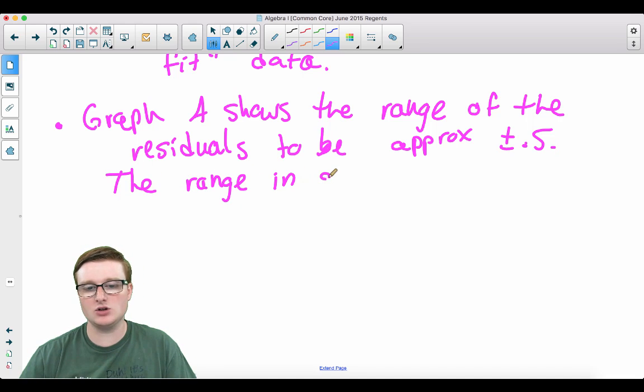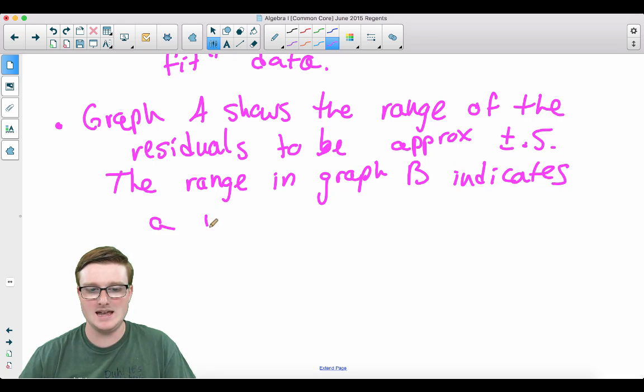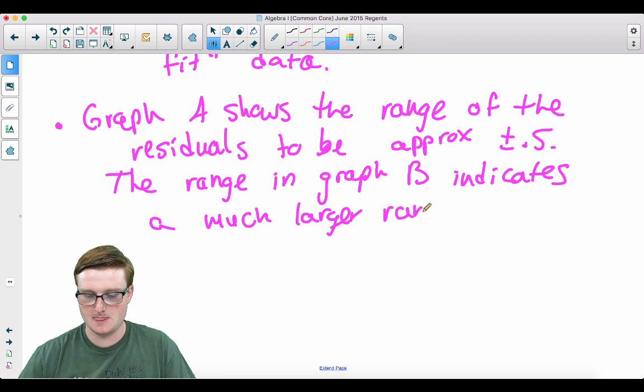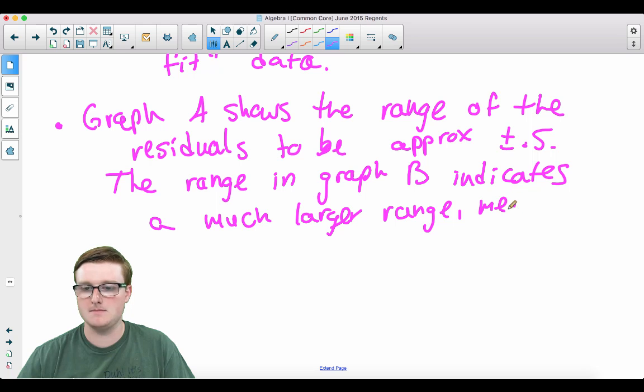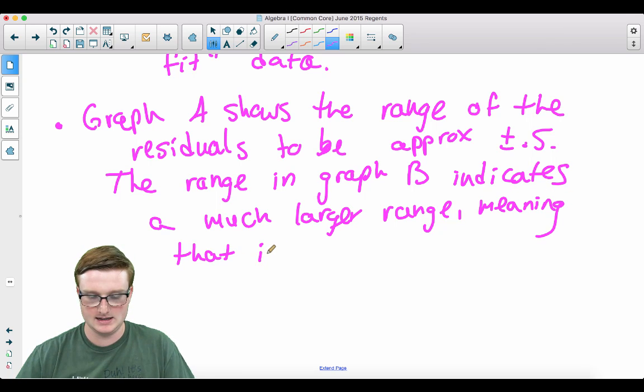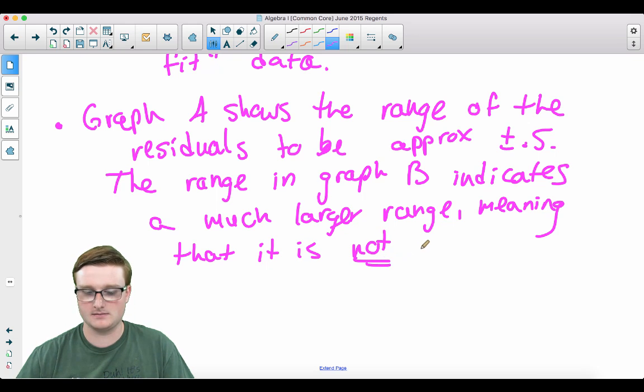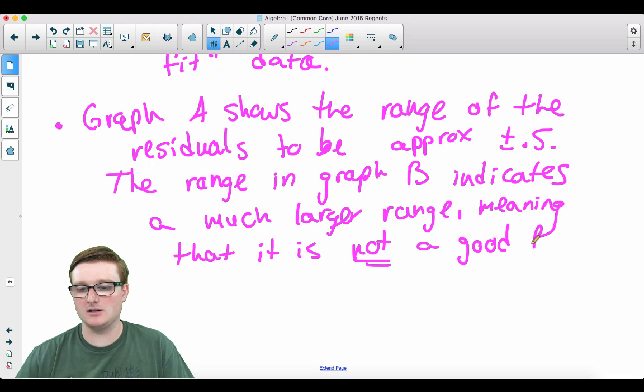The range in graph B indicates a much larger range, meaning that it is not a good fit model.